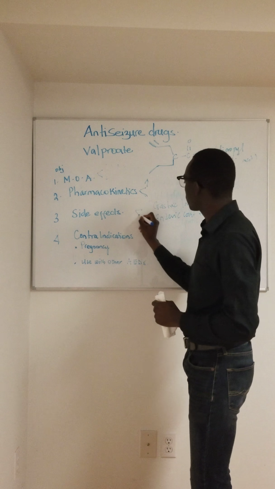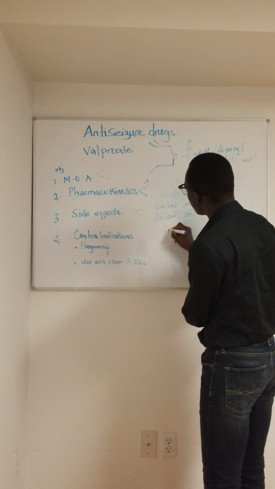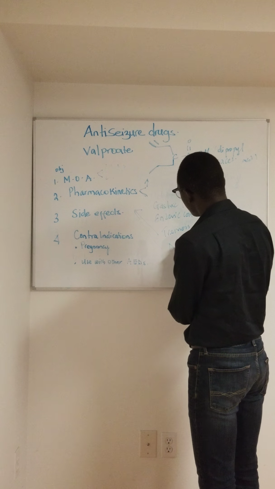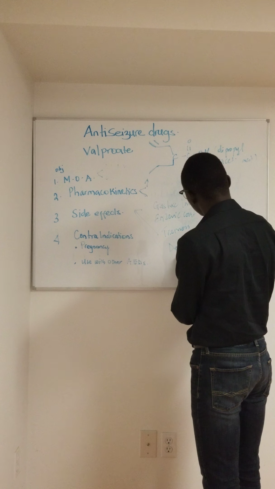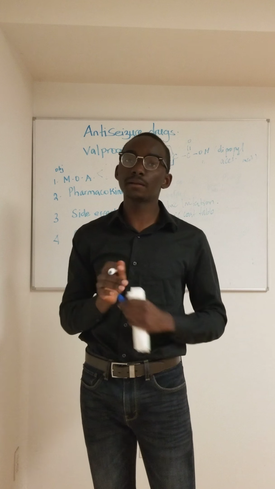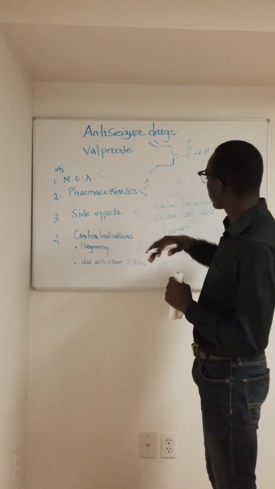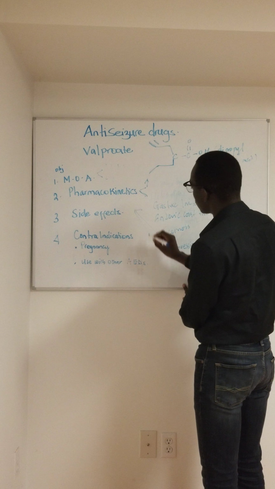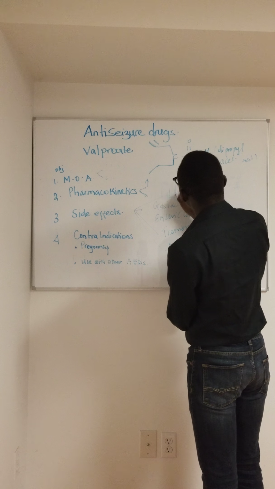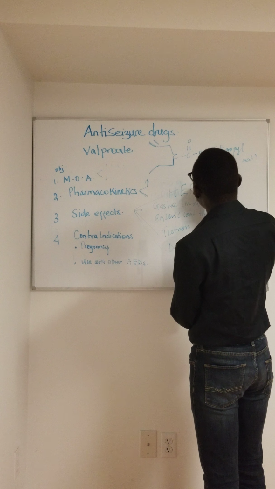Another side effect seen with this drug is tremors, and we have depression. Valproate can also be used in the management of bipolar disorder, and one of the side effects can be depression. Another major side effect is hepatotoxicity.